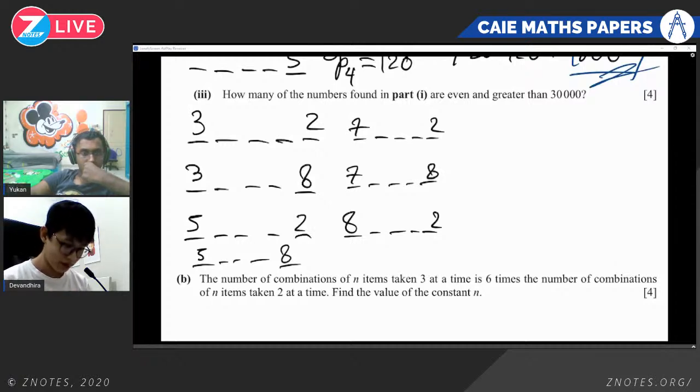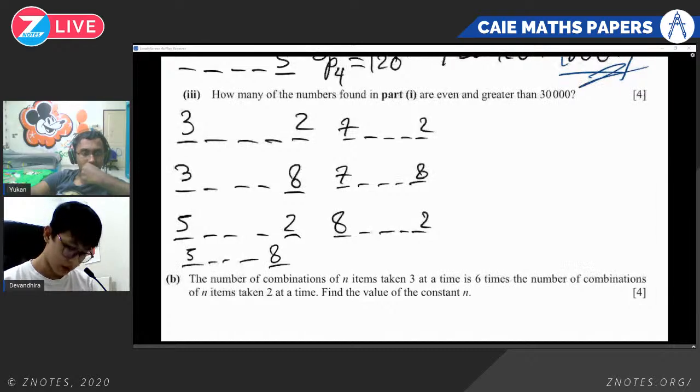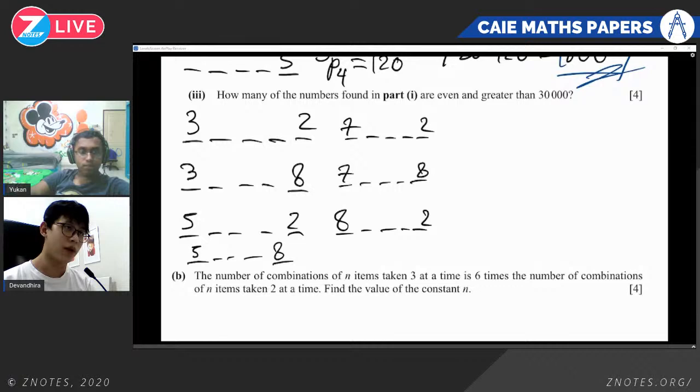So there are 3 digit slots and we have 4 numbers. Is that correct? Yeah. The order still matters, so we must use permutation. Okay. So for the first one, we have 4P3.